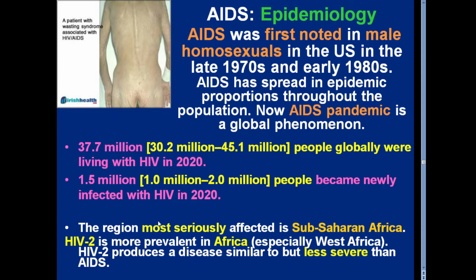The latest statistics, for 2020: 37.7 million people globally were living with HIV and 1.5 million became newly infected with HIV in 2020.